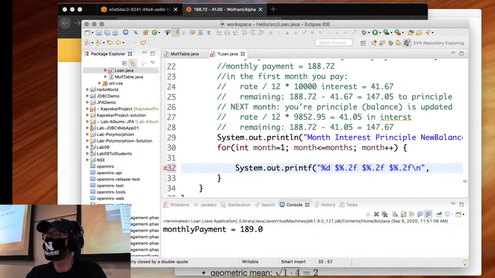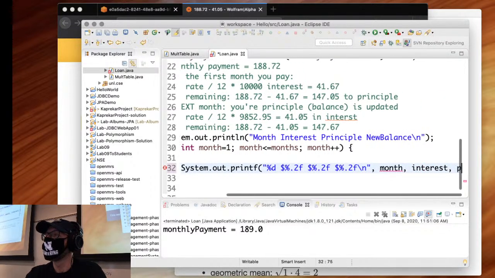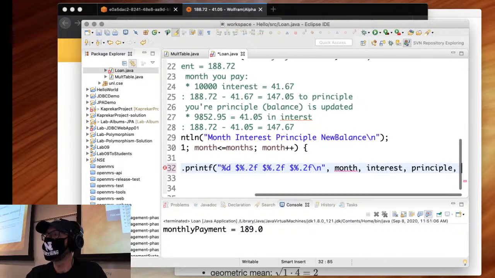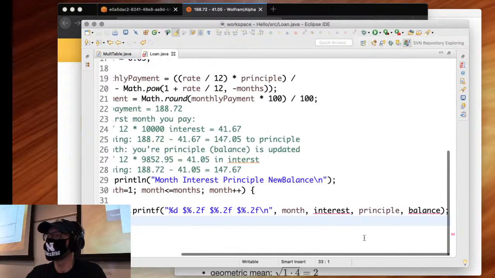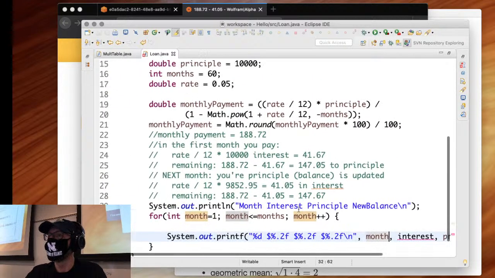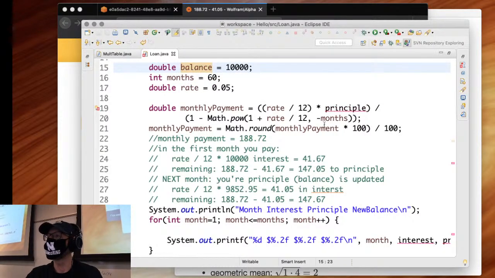And the things that I want to print are the month, the interest, the principal payment, and the balance. Right. Now, I need to define all of these variables. I've already got the month. Principal, let me go ahead and rename this up here, balance. Uh-oh, I'm going to have to rename it here.